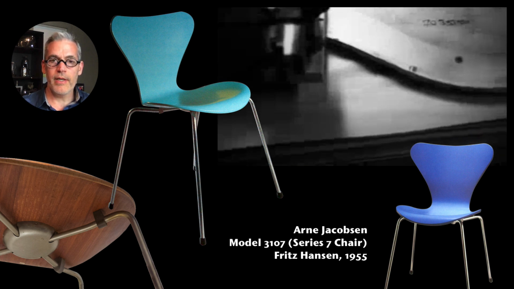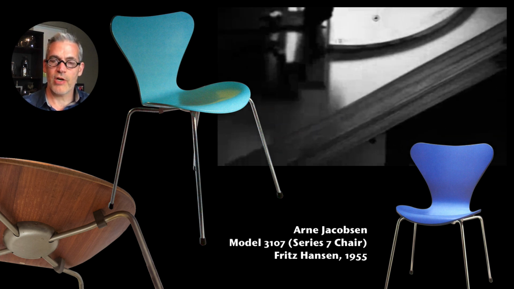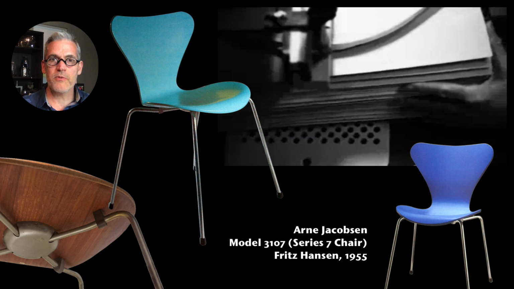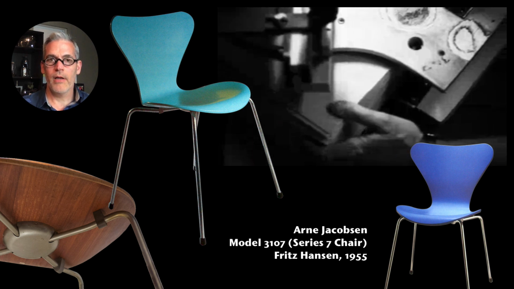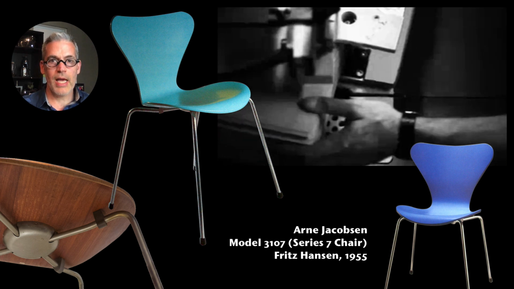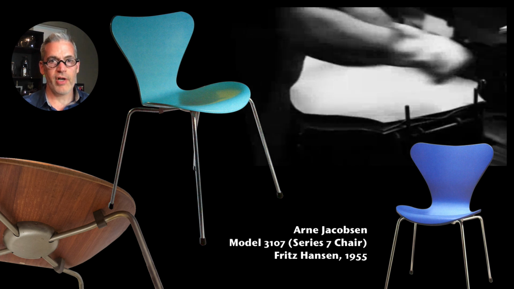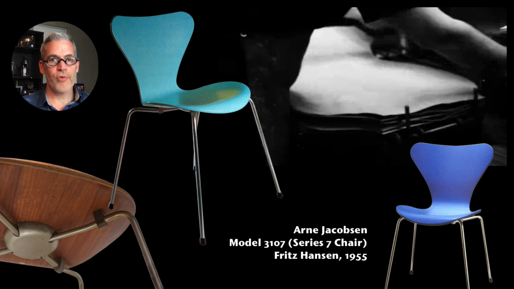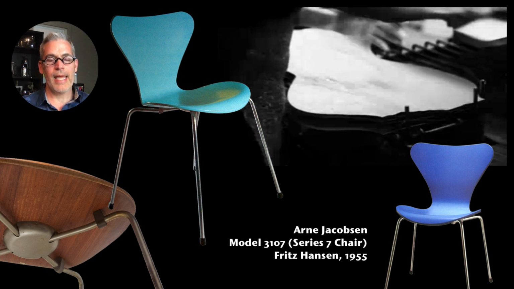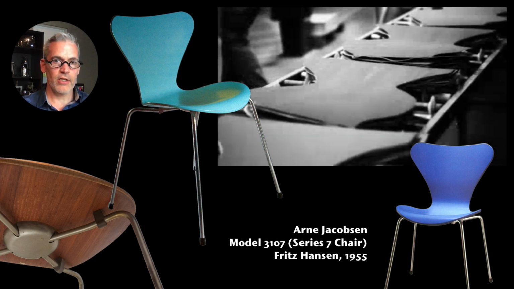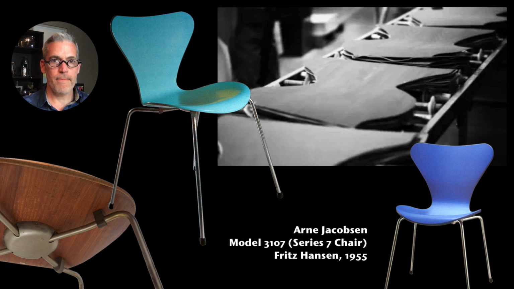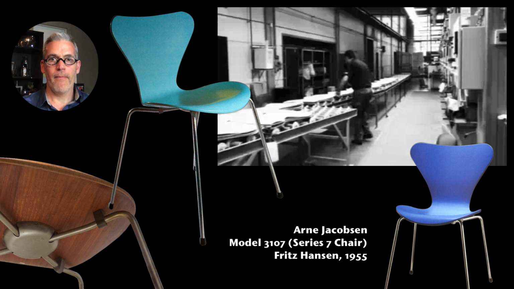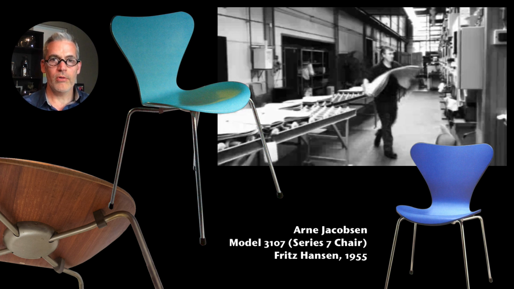And this is a movie that Fritz Hansen made of how that chair is produced. And I'll let this play while I describe what's happening. Layers of veneer are clamped together, and a template is used to cut out the profile. They're run through a gluing machine, and then layers of the wood with the heat-activated glue are stacked up. They're put into a mold.